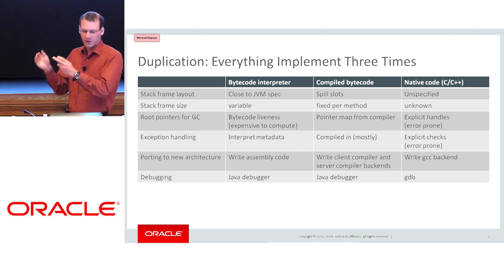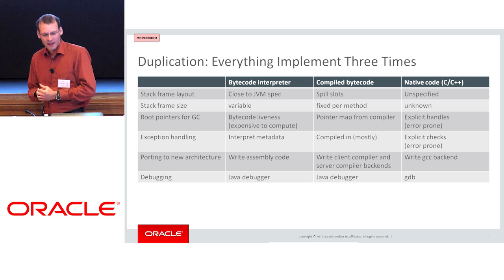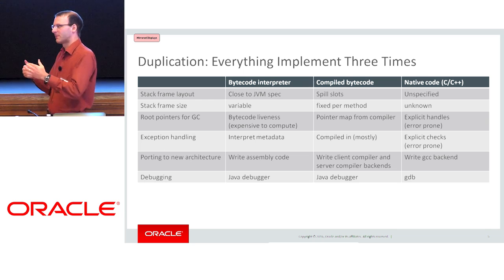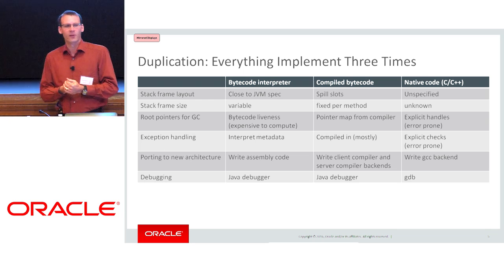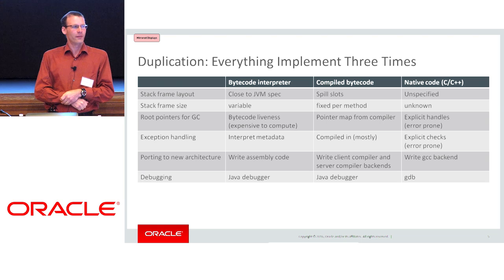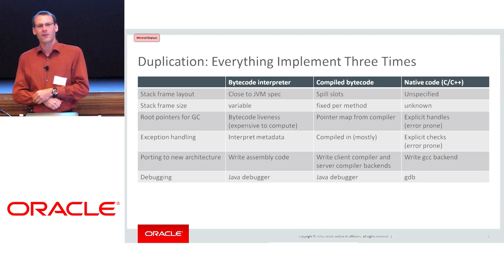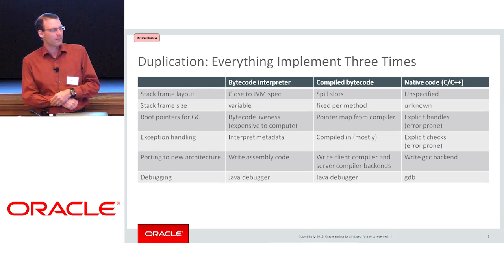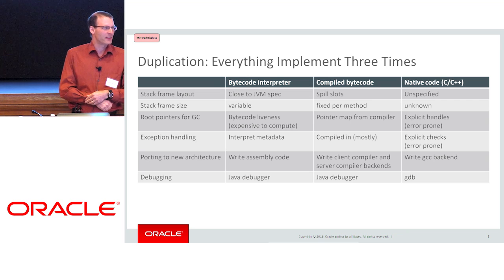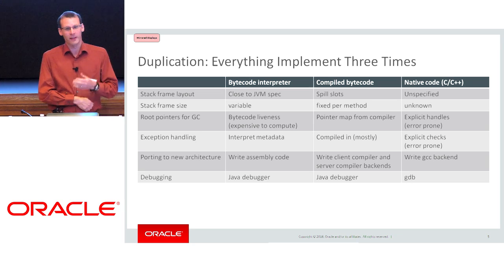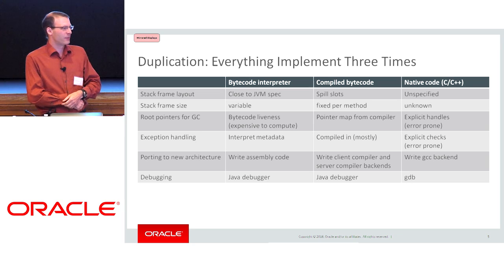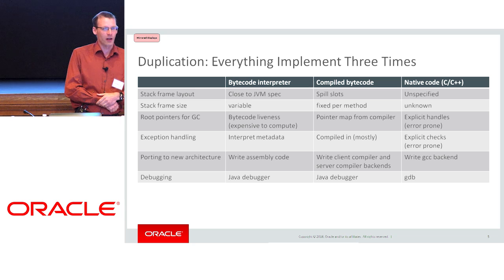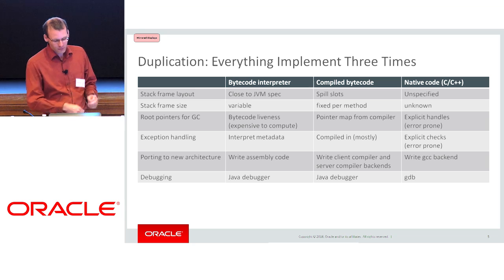In the compiled code, the compiler gives us pointer maps, and in native code, we have explicit handles. Everyone who has worked in the Hotspot VM knows it's pretty difficult to capture every Java object in a handle at the correct places. If you make a mistake, then you will get crashes at random places after garbage collection because you haven't updated a root pointer. The same for exception handling.